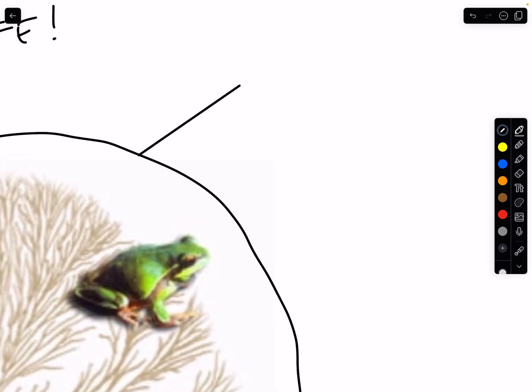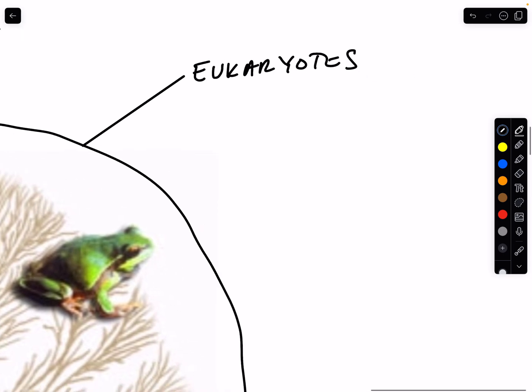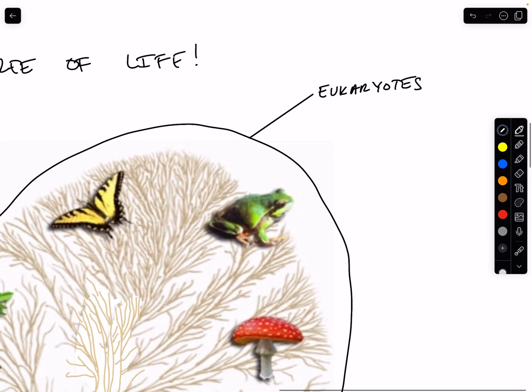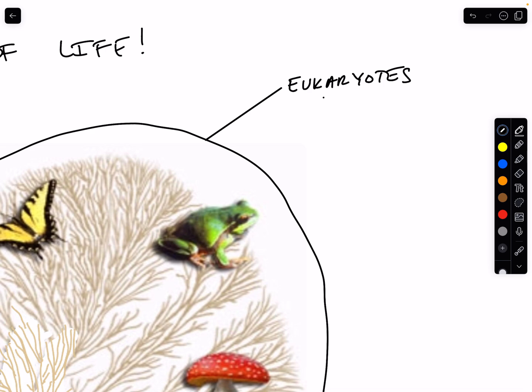Here are our eukaryotes. Now, eu means true, and karyon is, again, kernel. So this is true kernel or true seed, and all eukaryotic cells have a nucleus.